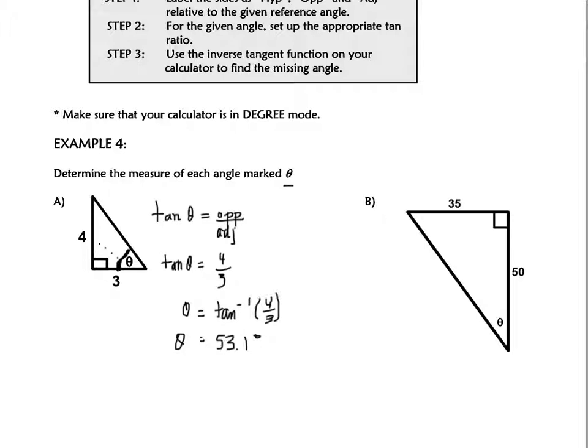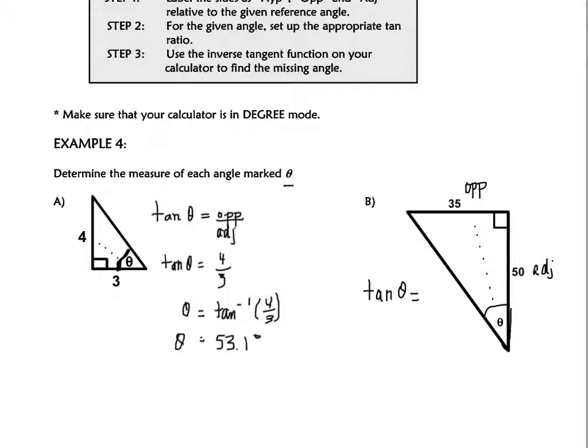So our next example, theta is down here. So if we're going to set up our equation, we know that the side we have is the opposite because it's across from the angle, and the other side is the adjacent because it's a side that makes up the angle, but it isn't the hypotenuse side, so we know that it's the adjacent to that angle.